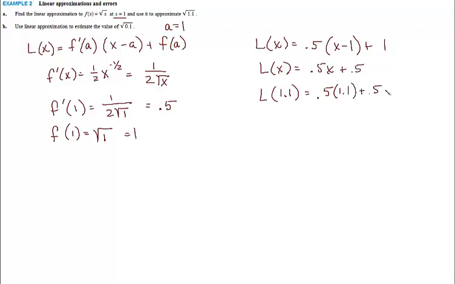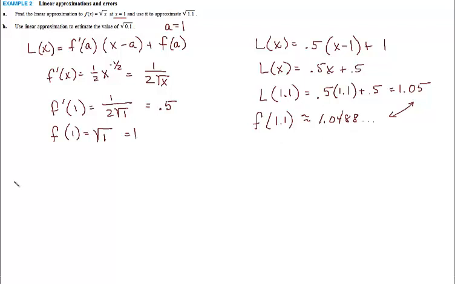If I crunch these values, I'm going to get 1.05. And I didn't have to take the square root of 1.1. But if I were to take the square root of 1.1 on my calculator, it says that this is about equal to 1.0488, and it goes on and on. So that's pretty darn close. I like that.